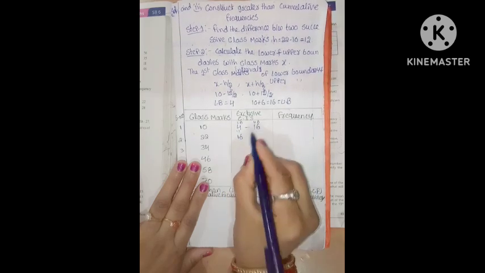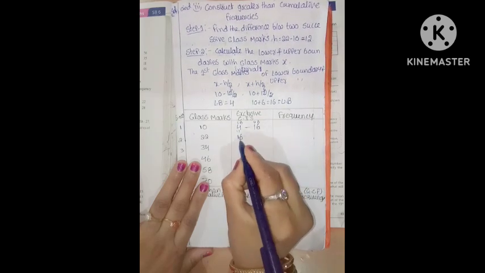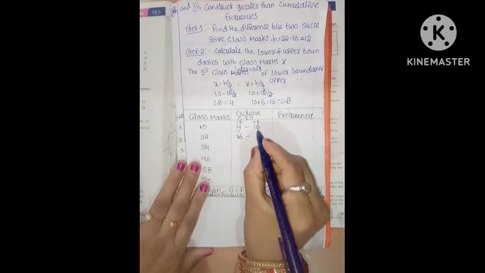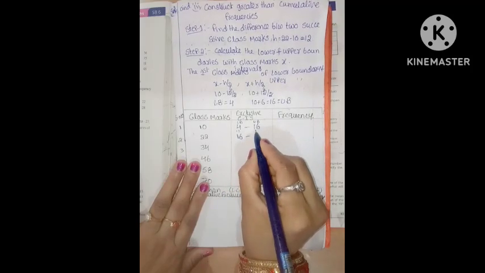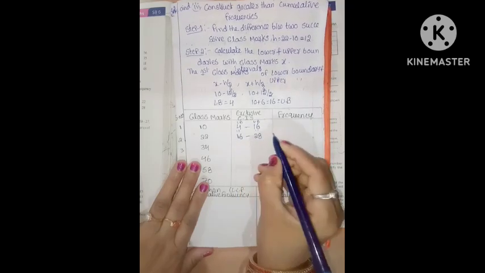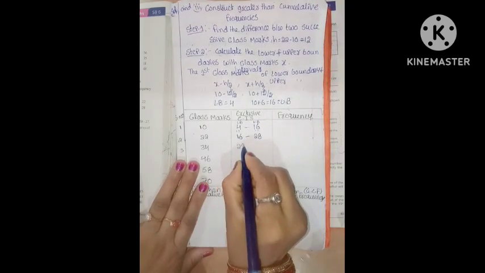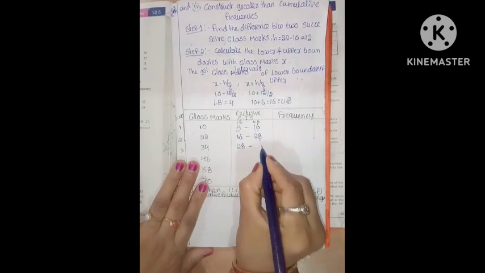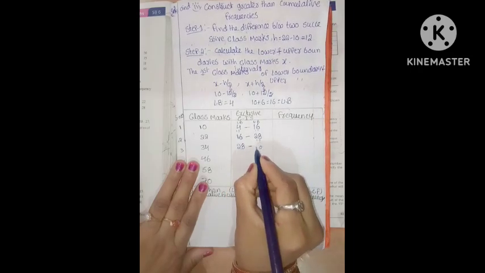Exclusive class intervals means 16 is not included. Next, the lower bound is the same, 16 plus 12 is 28, 28 plus 12 is 40.